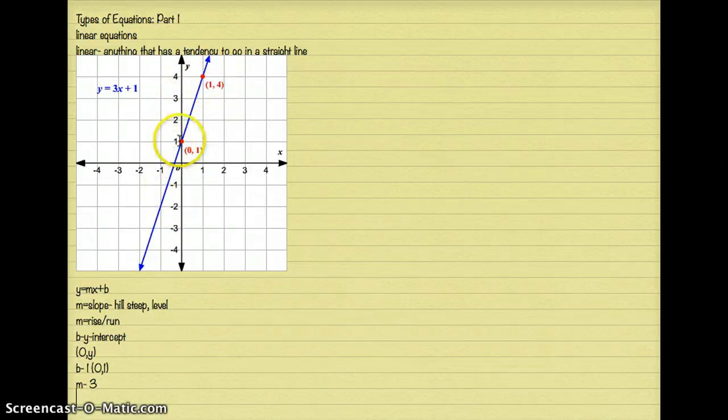For example, starting at 1, our y-intercept, we have to go up 3. See? 1, 2, 3, in order to reach the line that our next coordinate is on. And then we have to go over 1. So we have a rise of 3 and a run of 1. And we know that 3 over 1 is equal to 3. So our slope is 3.